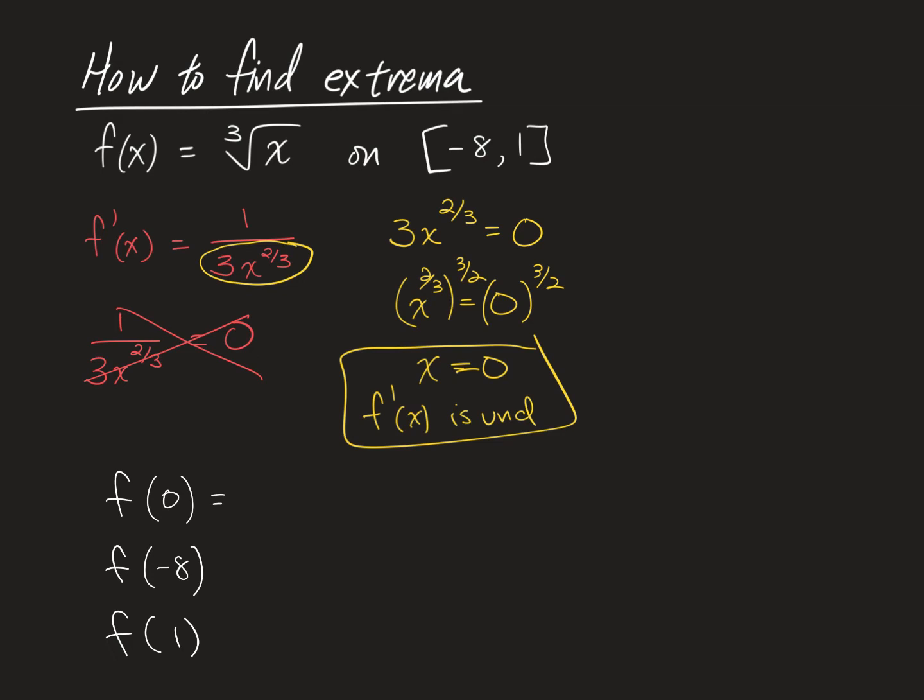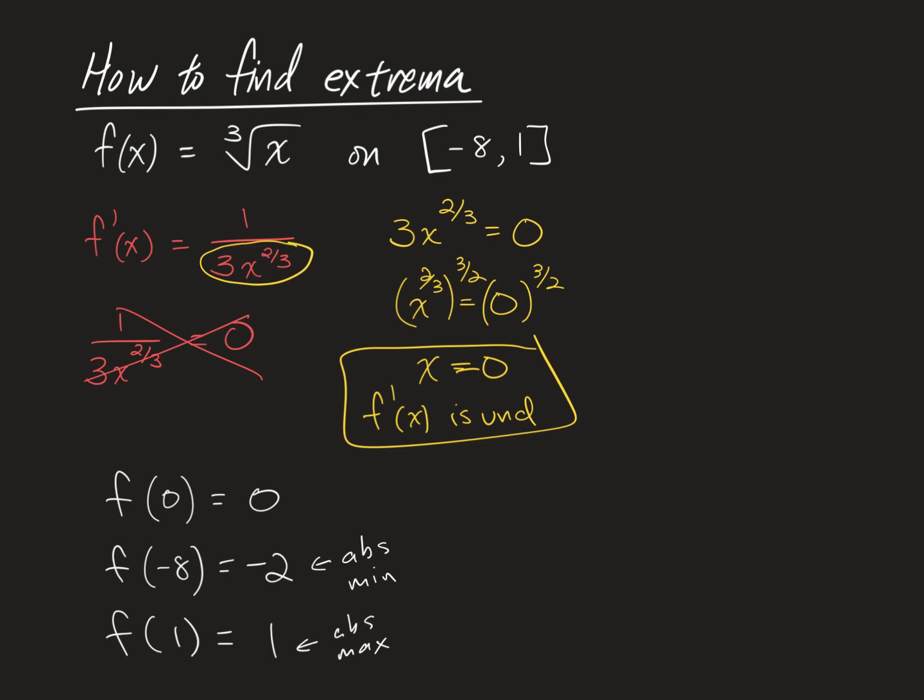So f of 0, the cube root of 0 is 0, f of -8, the cube root of -8 is -2, and the cube root of 1 is 1. And it is literally picking out the smallest and largest number in this list right here. So this is where the absolute min is, and this is where the absolute max is.